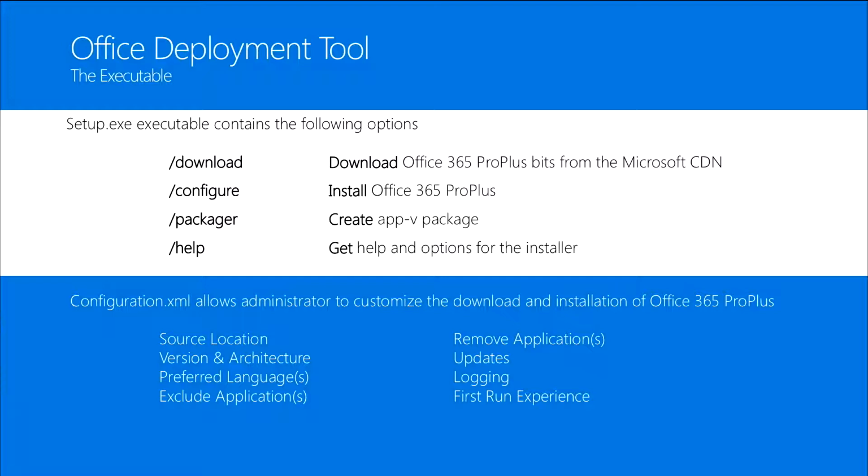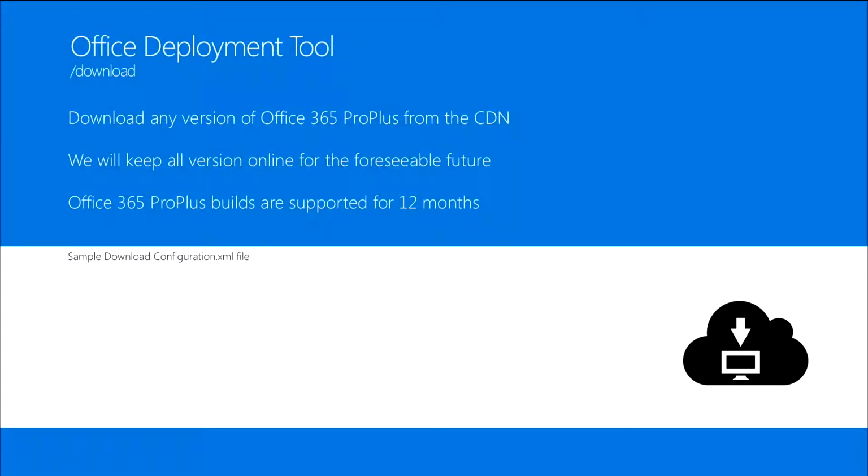So it is possible to go ahead and create an App-V package, you know, that really lightweight package. You can also set up help as well. So you can see at the bottom, you can control things like the version, the architecture, the languages, and all of these are managed here.